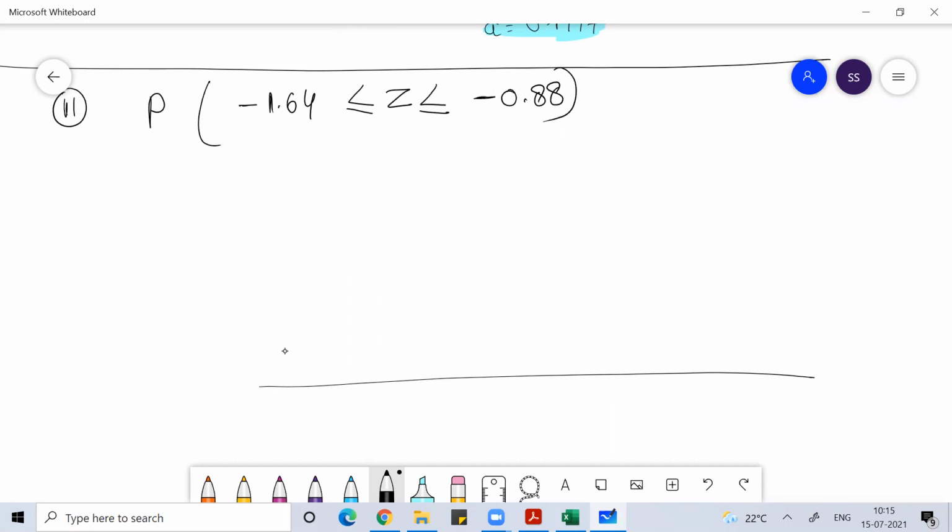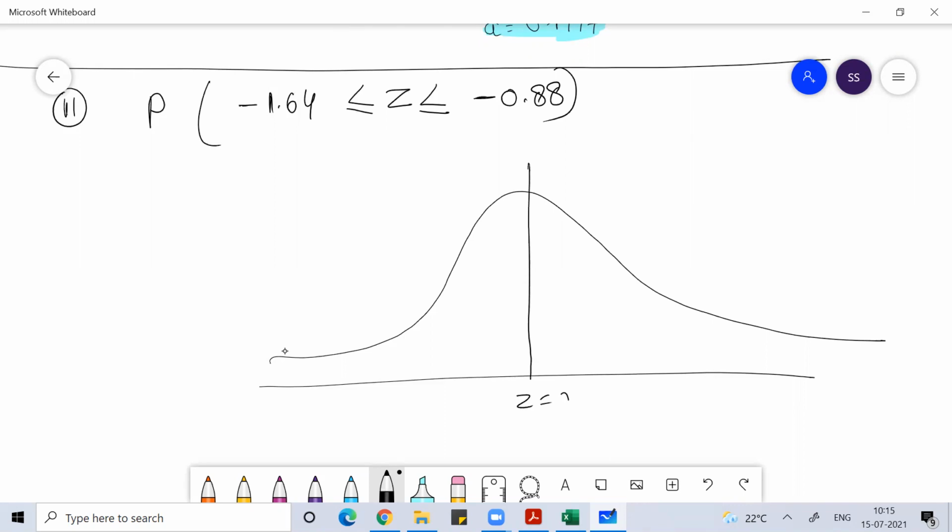If you see this question, here your z is equal to 0. Here you'll get z1 is equal to minus 0.88, and here you'll get z2 is equal to minus 1.64. Are you getting it?